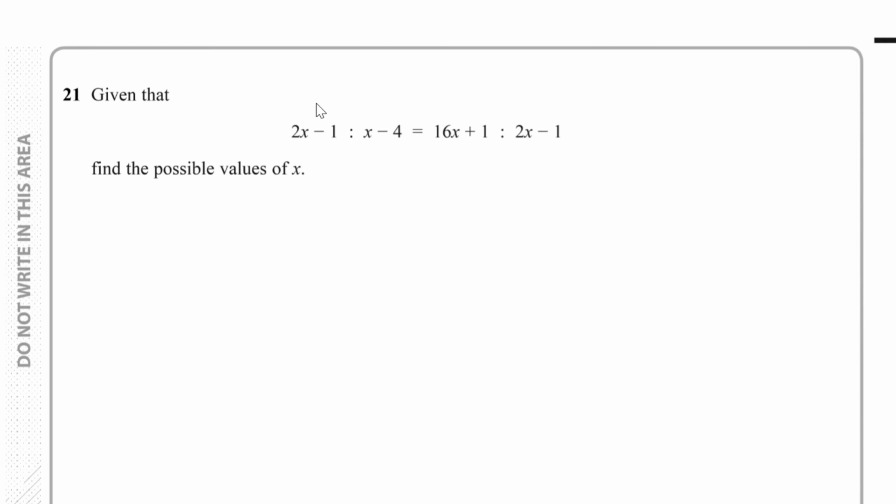If I call this A to B, of course here we still have A to B. And if we compare the 2x minus 1 here with the 16x plus 1, what essentially we're saying over here is these ratios are multiples of each other.